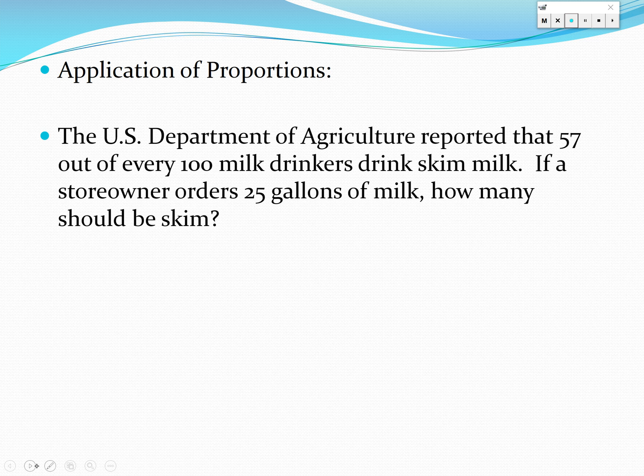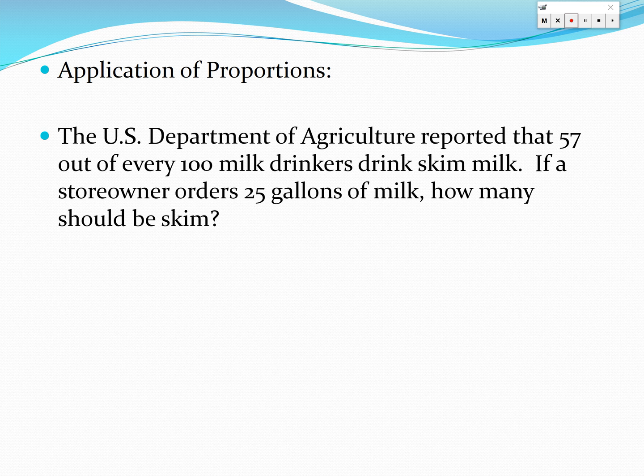A little bit of application piece with our proportions. The U.S. Department of Agriculture reported that 57 out of every 100 milk drinkers drink skim milk. If a store owner orders 25 gallons of milk, how many should be skim? When I do the application piece of proportions, I like to label what each number represents.